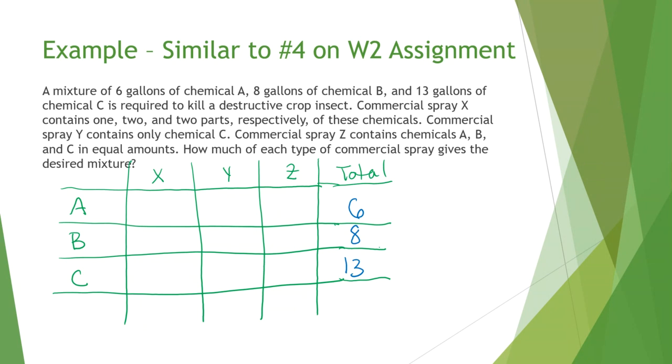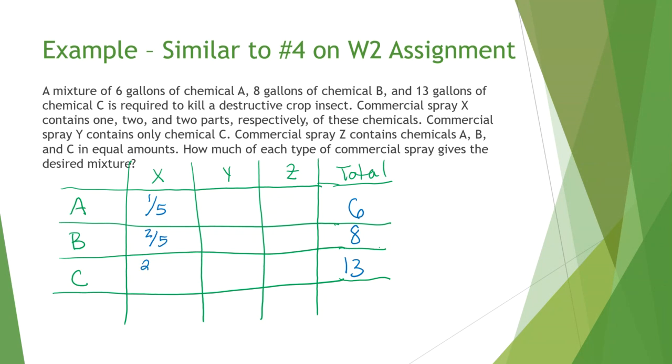Okay, so commercial spray X contains 1, 2, and 2 parts of each chemical. So if you add up how many parts you have, that's 5 parts. So we have 1 part of A, so that's 1/5. And then we have 2 parts of B, so that's 2/5.